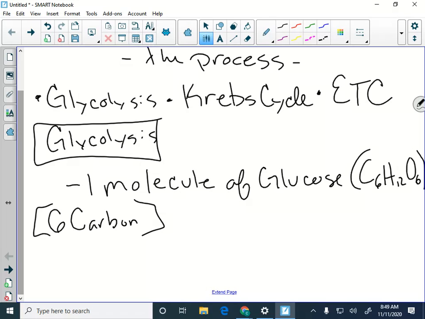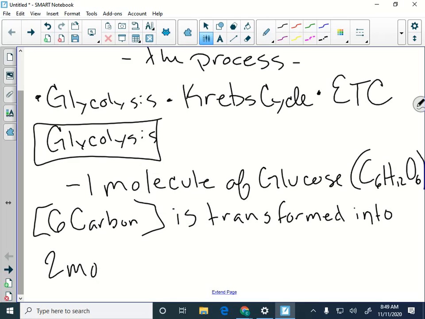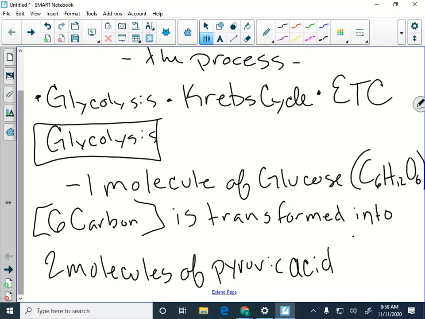So during glycolysis, 1 molecule of glucose, which is 6-carbon, is transformed into 2 molecules of pyruvic acid. Pyruvic acid is 3 carbons.